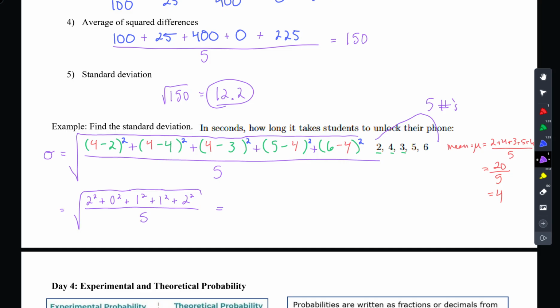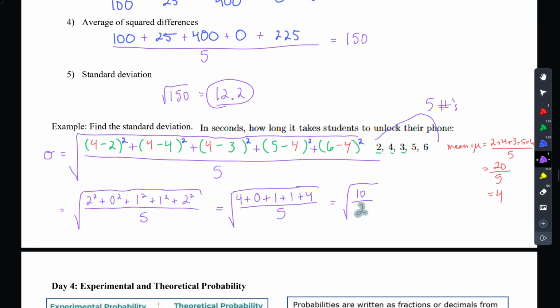Now I'm going to square all the numbers. So then I get 4 and, I mean, you can write 0, but that feels pointless to me, but you can write it. Plus 1 plus 1 plus 4, all divided by 5. So now I'm just simplifying it. Okay? Then you're going to add the numbers together. So 4 plus 1 plus 1 plus 4 is 10.